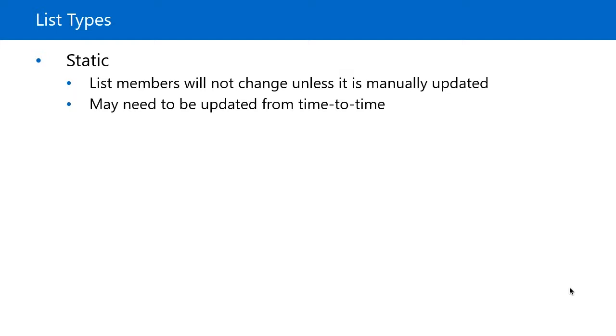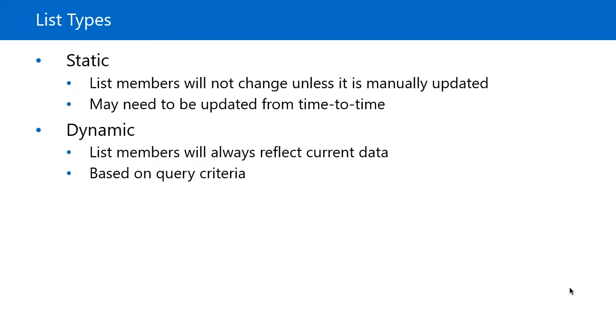The other kind of marketing list you can use within the system is a dynamic marketing list. Like static lists, they contain a certain member type, being accounts, contacts, or leads. However, with dynamic marketing lists, the list members will always reflect the most current data.